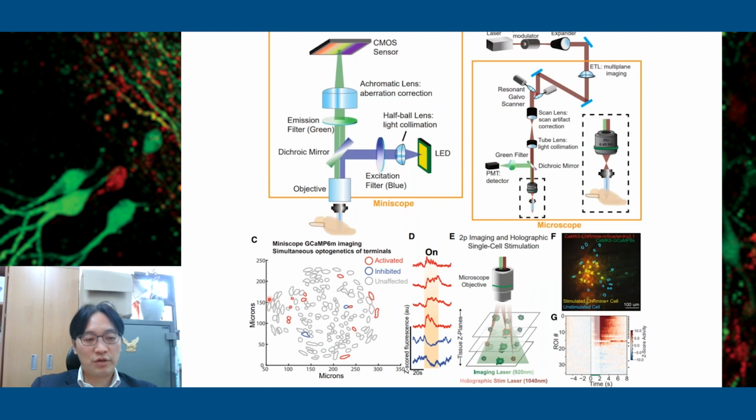As I have told you, you can image 100 or more neurons at the same time using this lens-like structure. And recent techniques in 2-photon imaging with single cell stimulation let you selectively stimulate a neuron at a time. So this is another technique. I'm not gonna go through that.